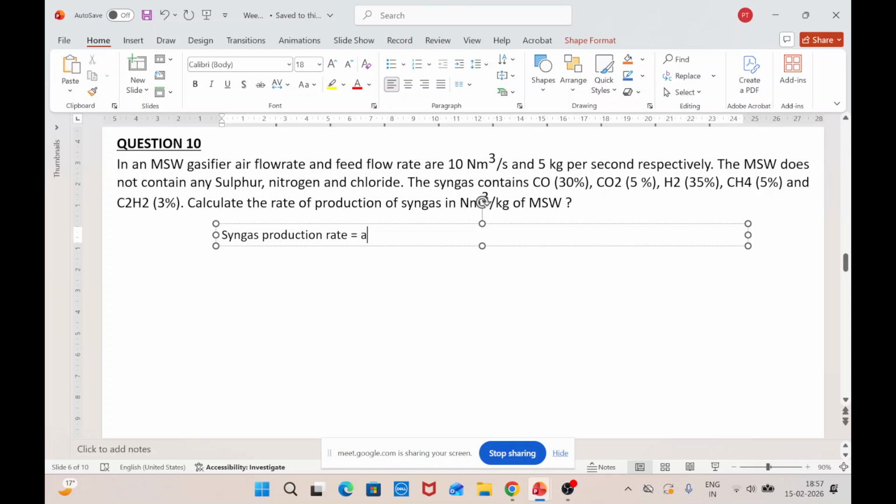So the syngas production rate is equal to the airflow rate times 0.79, the entire expression divided by 1 minus (CO plus CO2 plus H2 plus CH4 plus C2H2) divided by 100, times the feed rate.